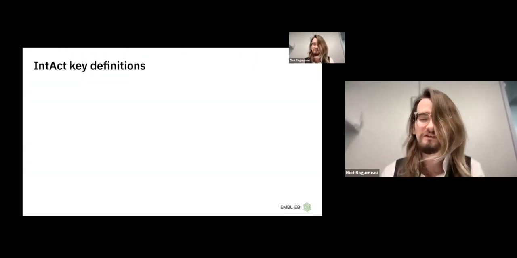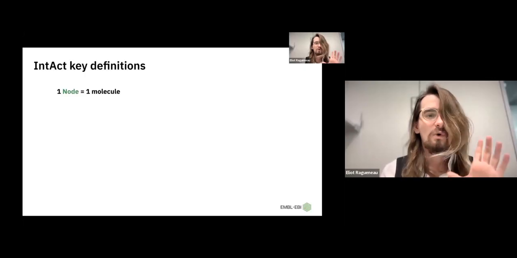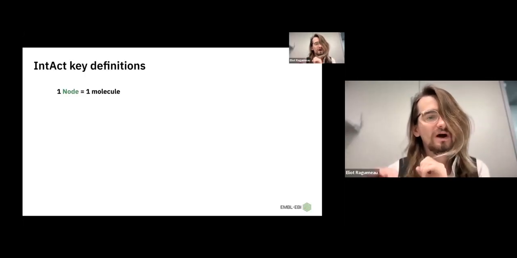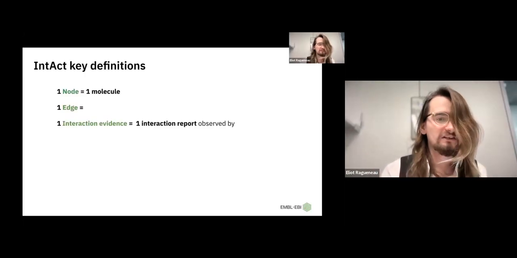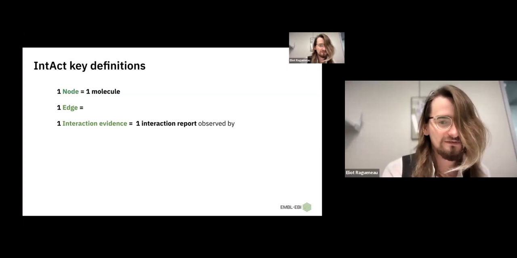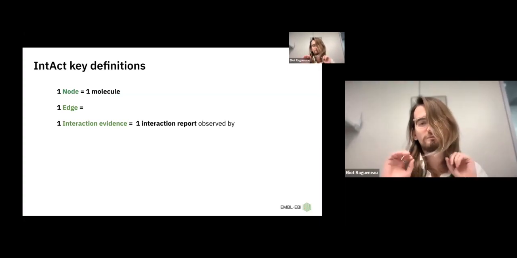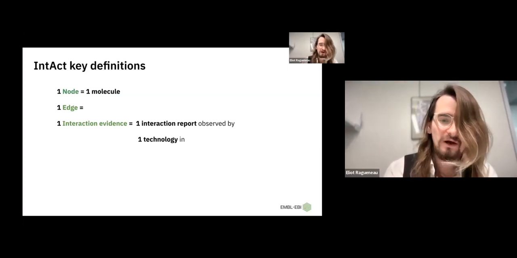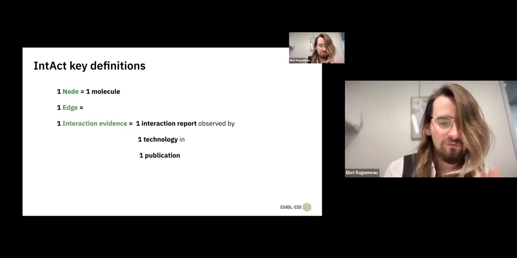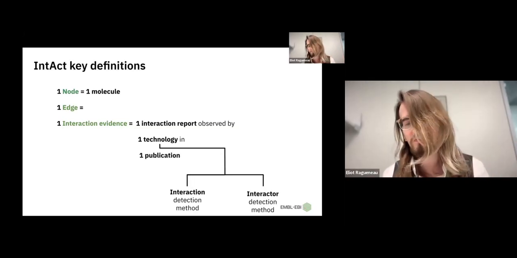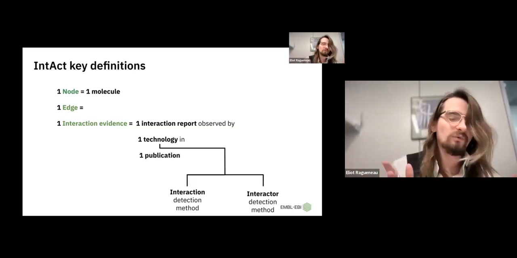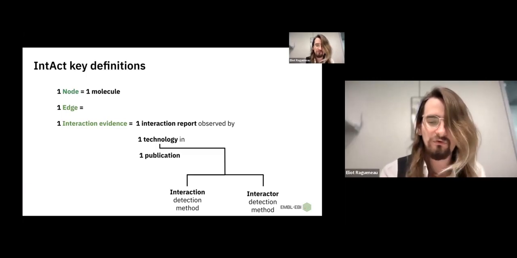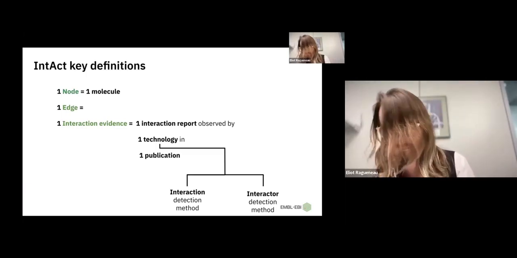In terms of definition, within IntAct, one node will represent one molecule, while one edge is one interaction evidence. That is to say, it is one interaction report observed by one technology in one publication. And the technology is both the interaction detection method, but also the interactor detection method.